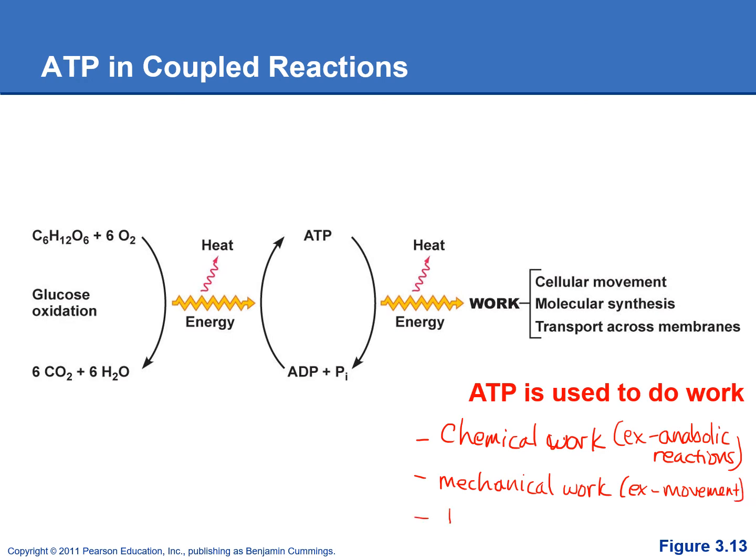And the last type of work would be transport work, which would be any type of active transport. So maybe you're doing primary active transport or secondary active transport or endocytosis or something like that. So that's what the cell does with all the ATP that you produce from the food that you eat.